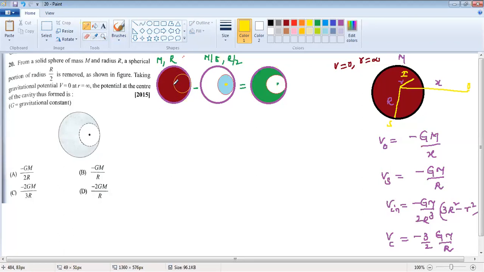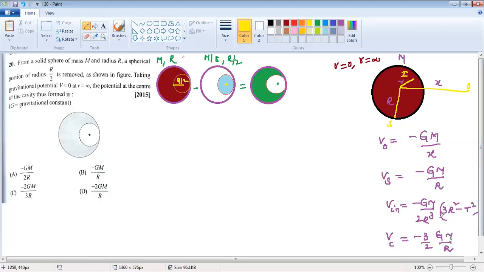From the center, how much distance is this point? This is r by 2. At the same point, for the bigger one, that point is at r by 2 distance inside. For the removed part, that is the center. So we will get this answer.